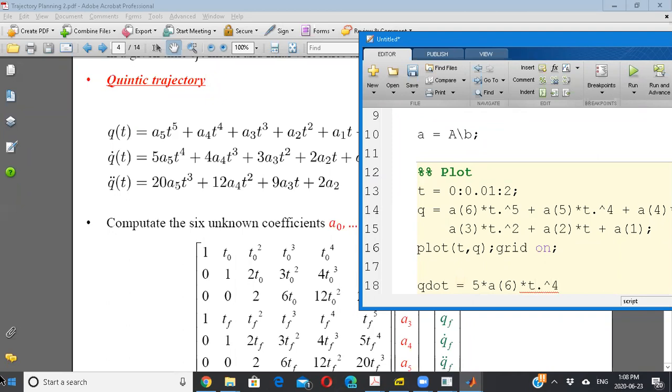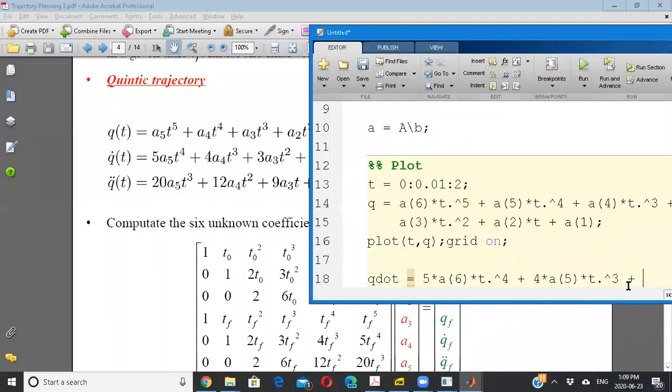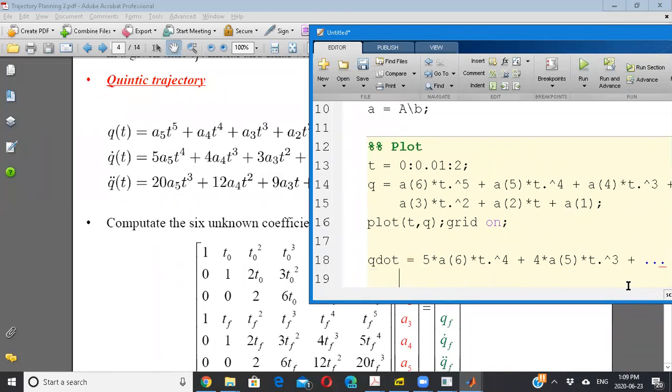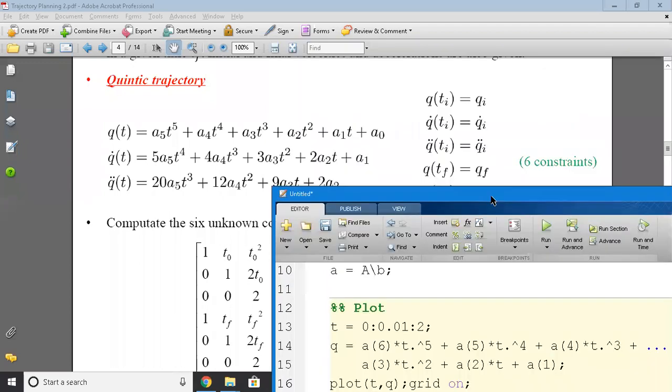And T raised to power 4 plus 4 into A4 multiplied by T raised to power 3, and, okay, plus 3 multiplied by A3 multiplied by T squared plus 2 A2 T, 2 A2 T, and the last one will be A1.